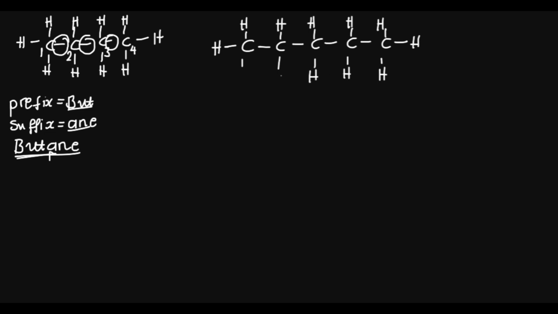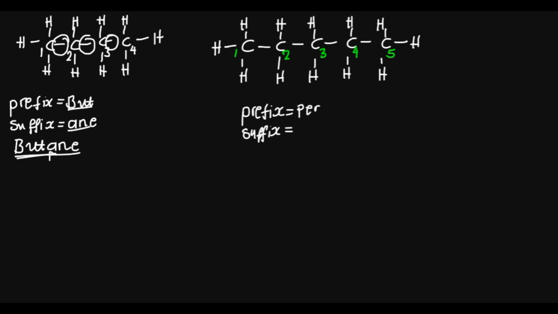So our first step, as we said, we need to determine the prefix. Then from there we need to look at the suffix. The word prefix means the beginning part of a word, then suffix the ending. So the prefix we can count to have 1, 2, 3, 4, 5. So if we have 5 carbons, what is our prefix?